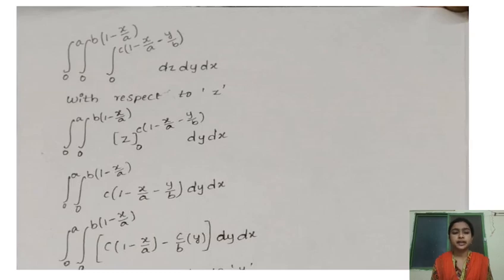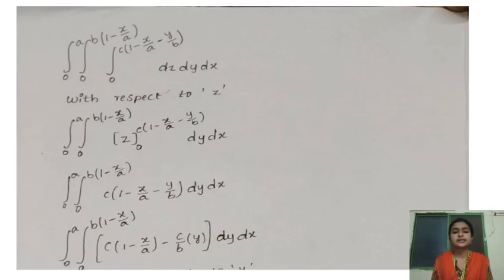It becomes integration 0 to a, integration 0 to b into 1 minus x by a, z, applying limits, c into 1 minus x by a minus y by b dy dx.